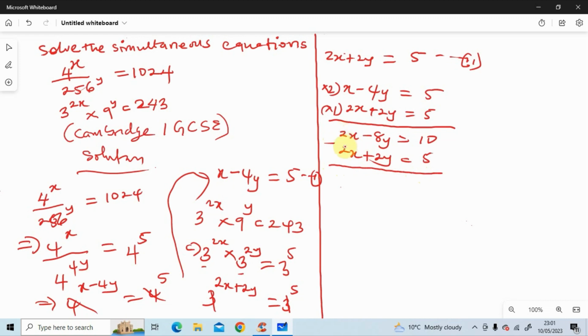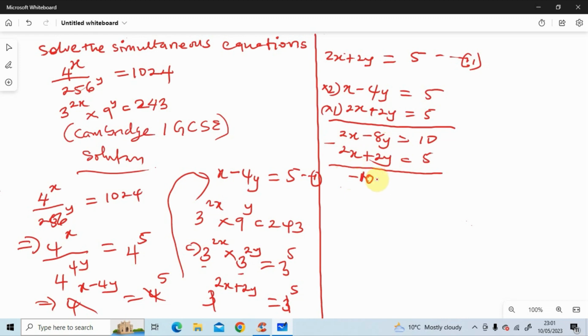So I'm going to subtract the second equation from the first equation. 2x minus 2x will give me 0. Minus 8y minus 2y will be minus 10y, because minus times minus is plus.